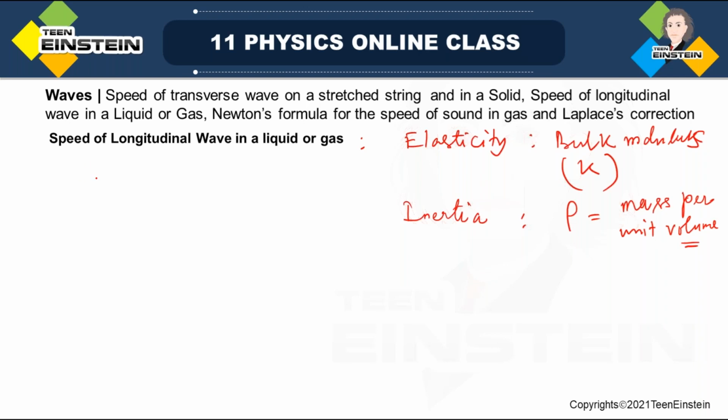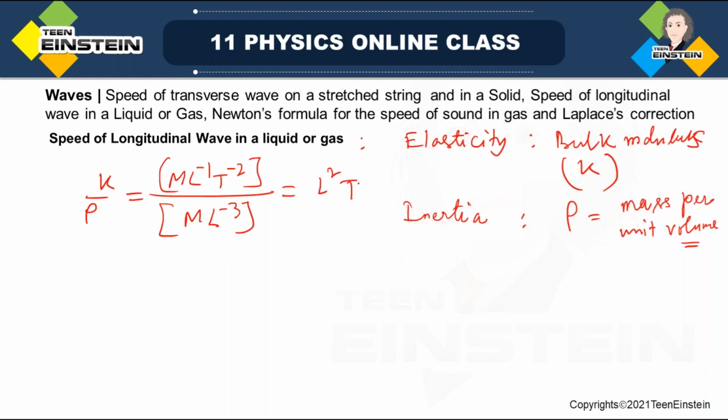Now we know that K by rho obviously will give you the dimension of L square t to the power minus 2. So therefore, we can write the same story here also.